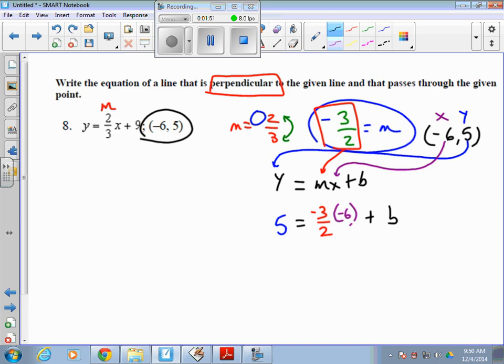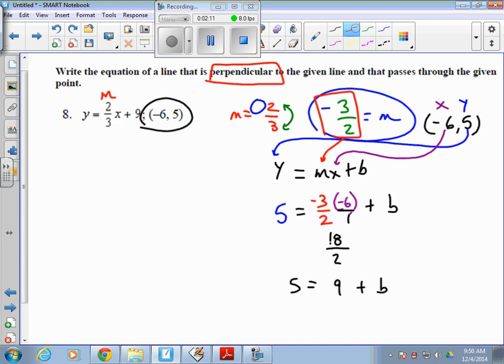In order to write slope-intercept form, you need a slope and an intercept. We have a slope. We need to find an intercept. When we multiply these two together, negative 3 times negative 6 is positive 18. 2 times the 1 that this is over is 2. 18 divided by 2 is 9, plus b equals 5. When you subtract 9 on both sides to get b by itself, b's value is negative 4.